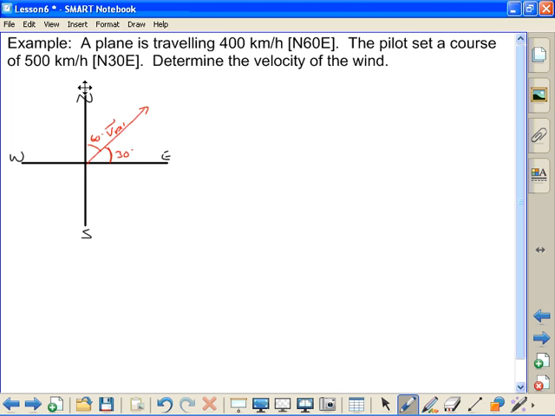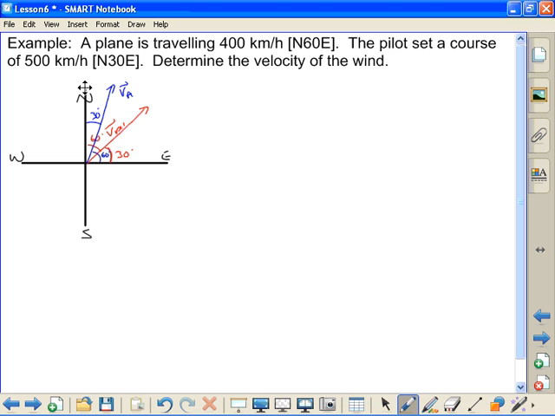Now the pilot, this is the observer, he set a course 500 kilometers per hour north 30 degrees east. So this will get a little bit messy. So this is my VA. And he set it 30 degrees, which means that we want 60 for him. We want to know what's the velocity of the wind.